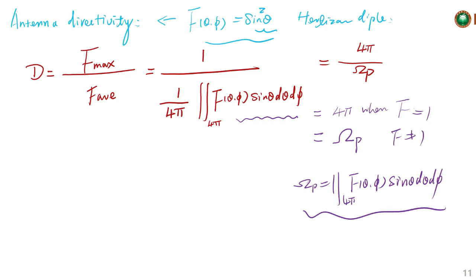So now I would want to go further, as it can also be expressed as another condition: the averaged normalized radiation intensity.